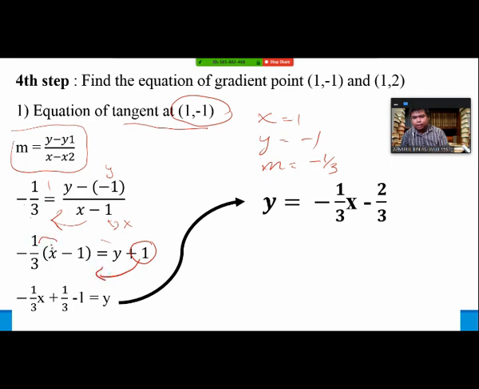After I multiply inside, negative 1 over 3 multiplied with x becomes negative 1 over 3x. Negative negative becomes positive 1 over 3, minus 1, because the positive moves to the left side and becomes negative 1. And then this is your answer. You get y equal to 1 over 3x minus 2 over 3.